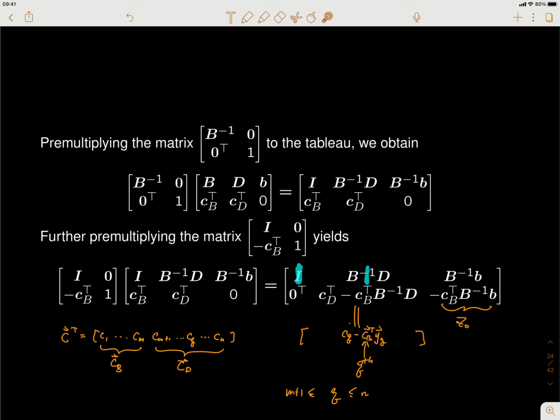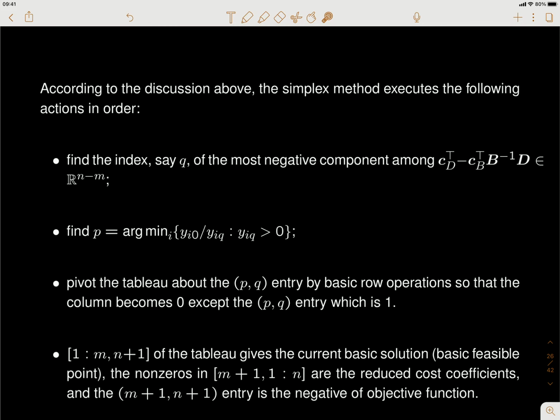So in the qth column, only the PQ entry is 1, and the other entries of that qth column become 0 after we do the pivoting.